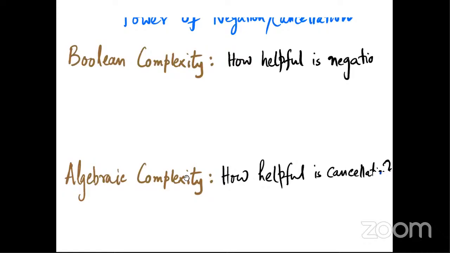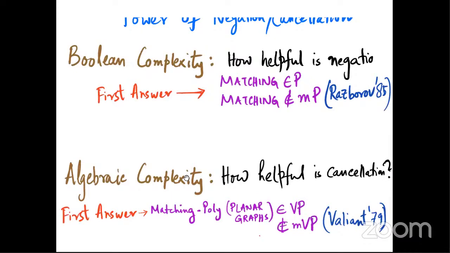And this question, again, can be asked both in the Boolean context and in the algebraic context. In both cases, I'm just reminding you, we know indeed that there can be a lot of power gained by allowing cancellations. So in the Boolean world, Razborov showed in '85 that the perfect matching function, so I give you a bipartite graph and I ask you whether it has a perfect matching, this, of course, is in polynomial time.